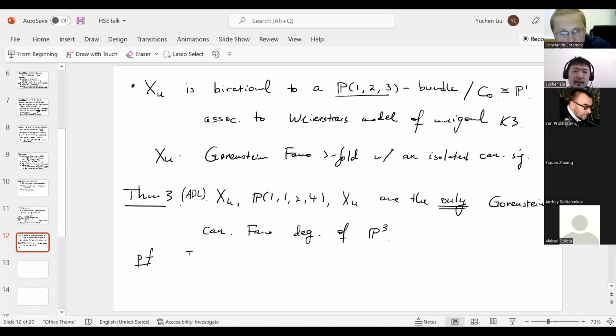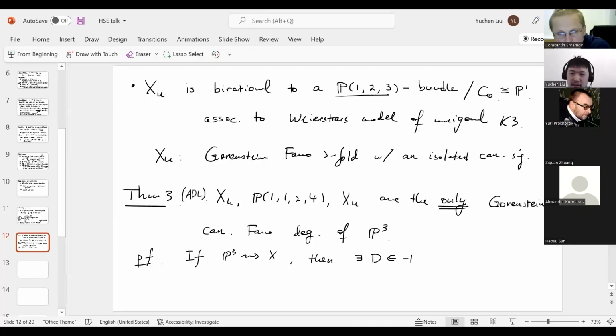So the idea is, if we have P3 degenerates to X, which is this Gorenstein canonical, then you can find one complement, sometimes called an elephant, I guess. There exists a divisor D inside this linear series such that the pair (X, D) is PLT.